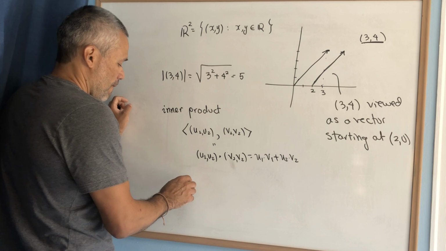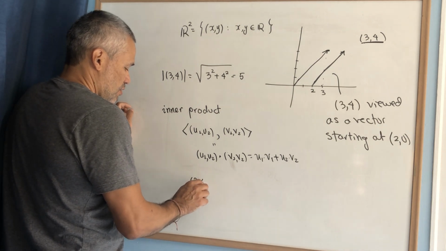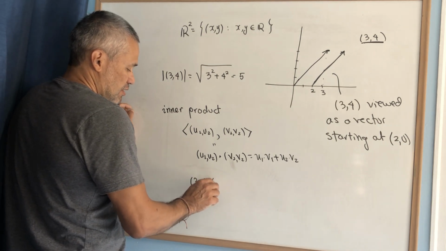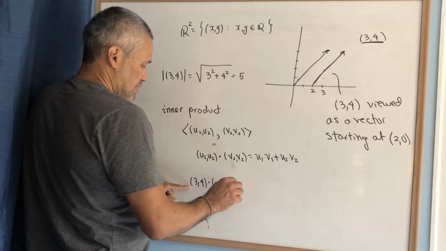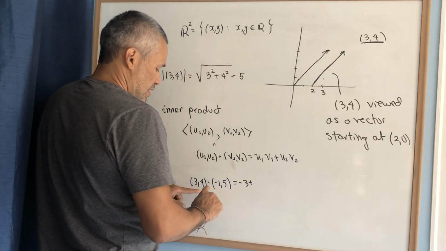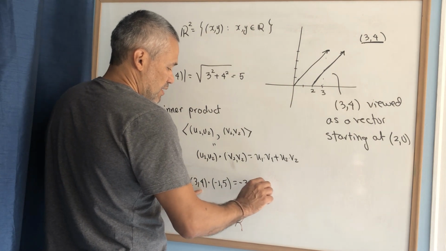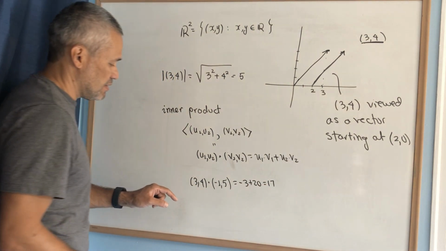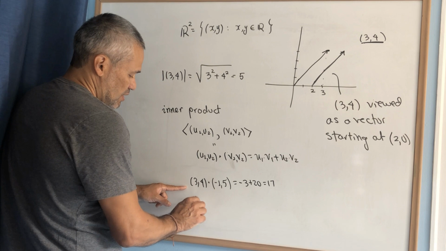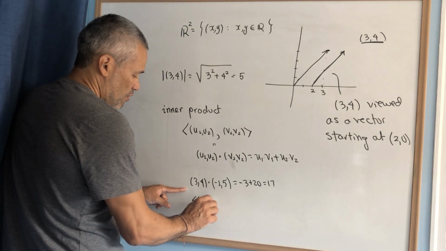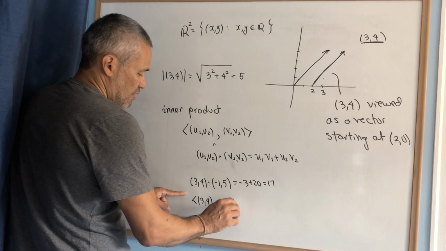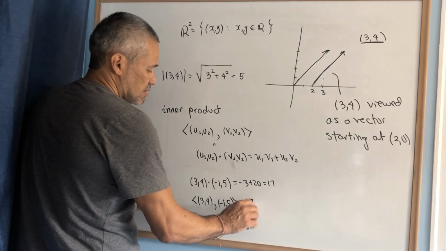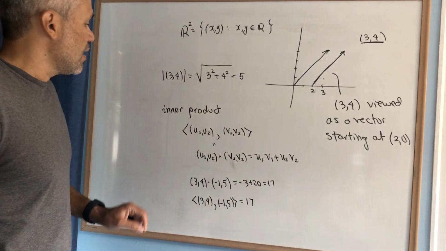For example, (3, 4) inner product with (-1, 5) is -3 plus 4 times 5, which is 20, so 17. Notice that we can also denote this with the dot, and this is just the same, 17.